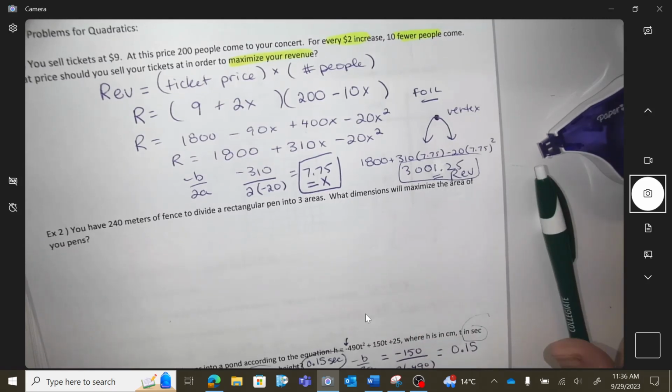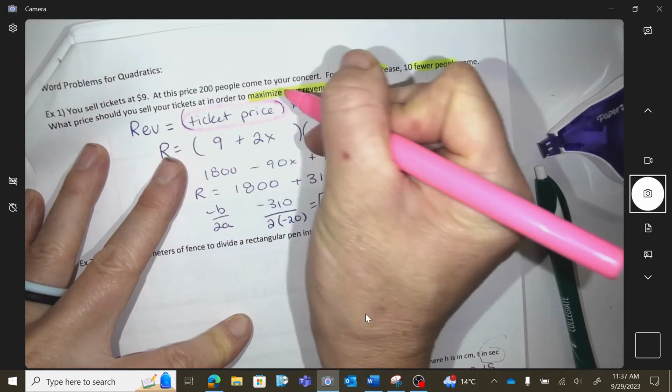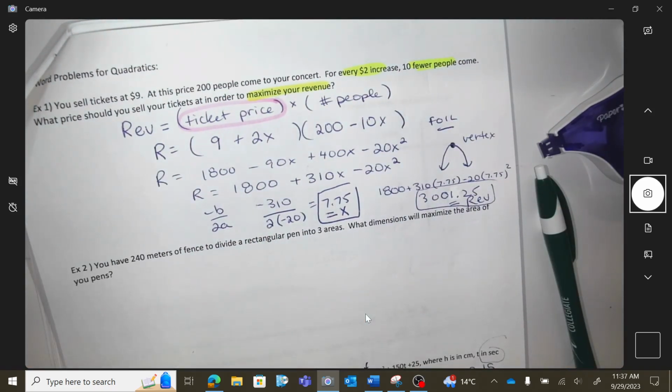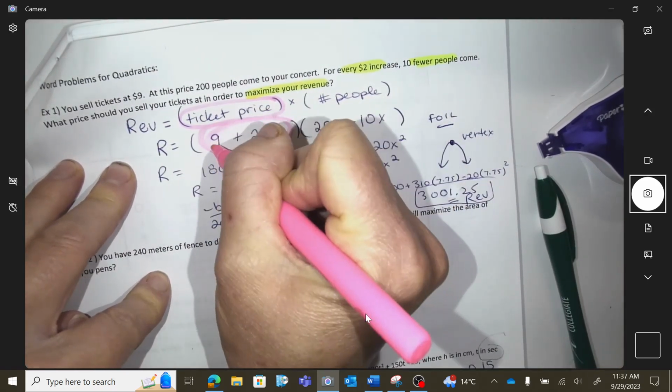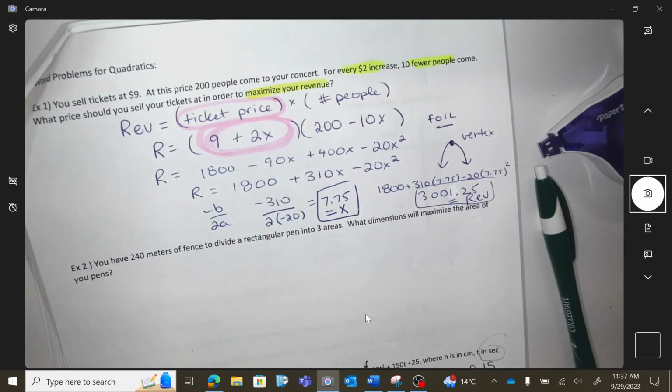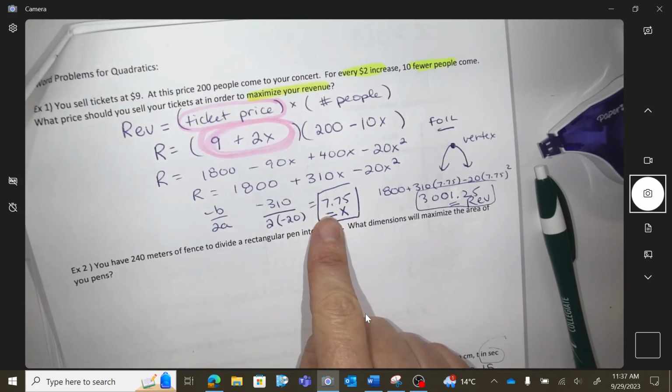Okay, so here's what we're going to do. We're going to go back to our words. This is ticket price. Therefore, we substituted it with this is the ticket price. This is where I'm going to go with my X number.